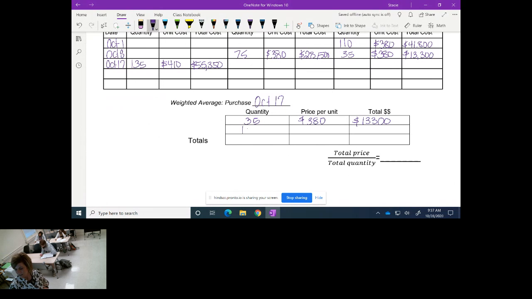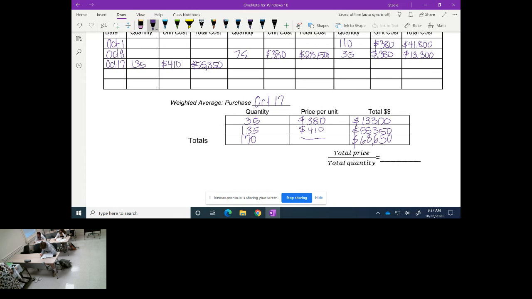Then we're buying 135 units at $410, totaling $55,350. So we're going to add our units together. We've got 170 total units now, and a total of $68,650 in inventory cost.